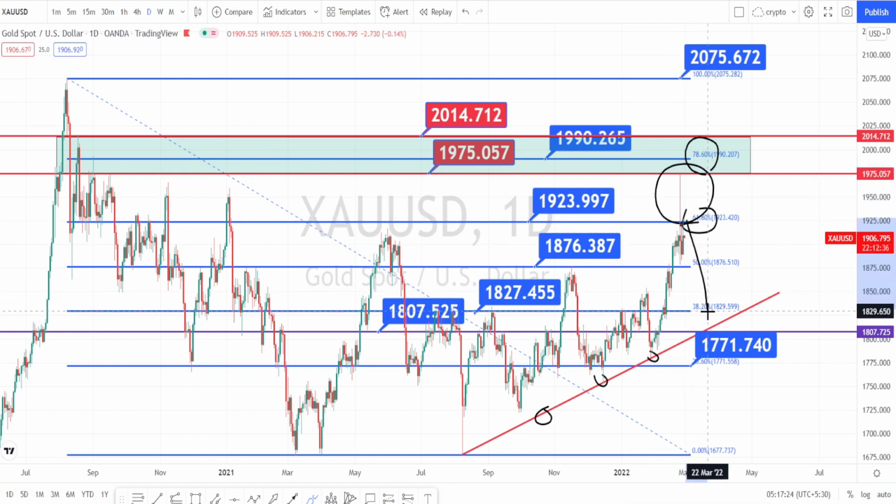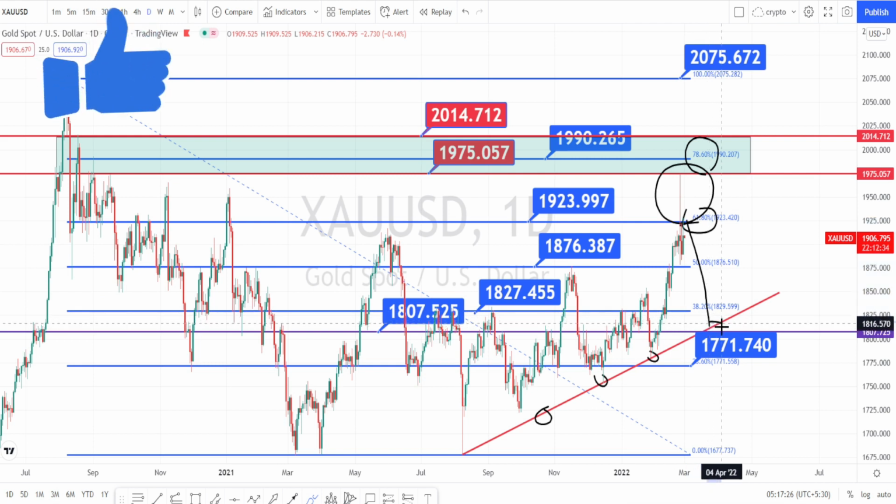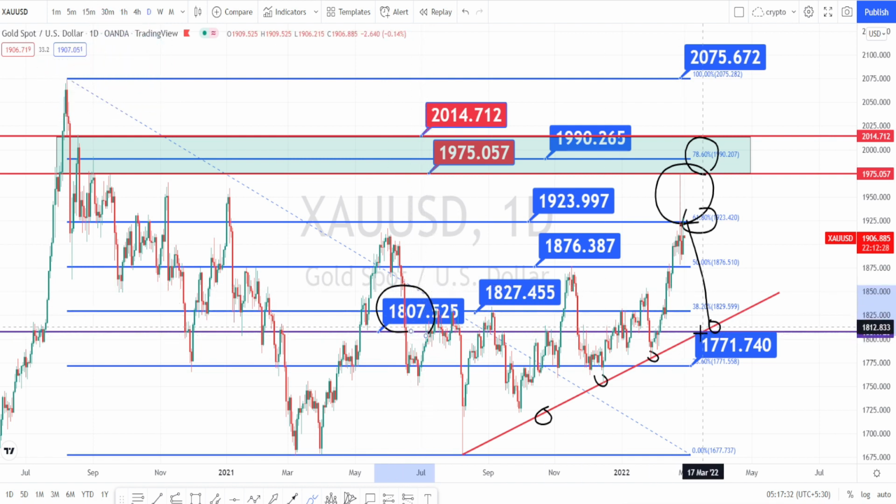I am hoping it will retrace up to this trend line or the support line, which is approximately 1807, or even if it falls further, the next level of support is going to be around 1771. Normally before a retracement, we have noticed a consolidation being made here. So we are seeing a similar price action being repeated over here.